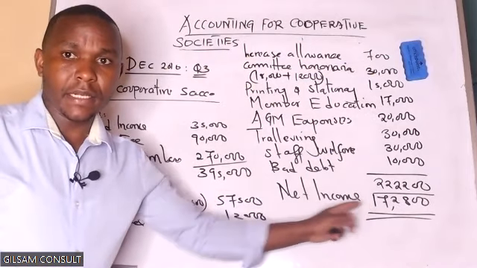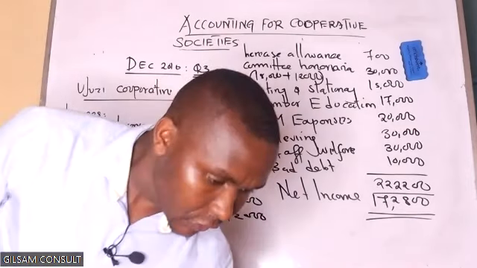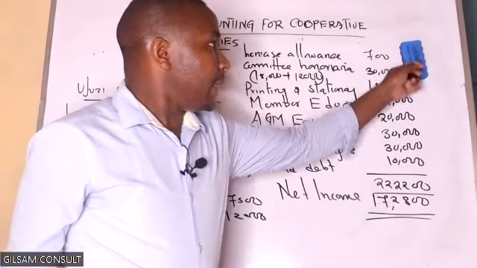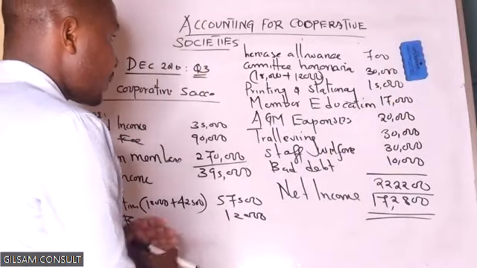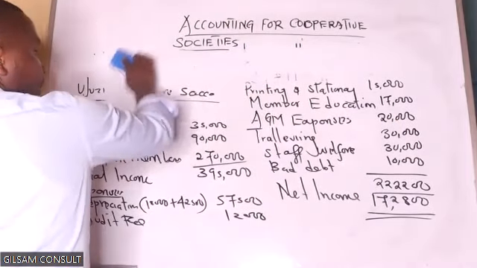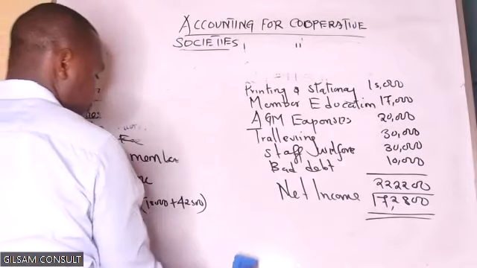That is the net income. Now we can do the appropriation account. We appropriate that net income.